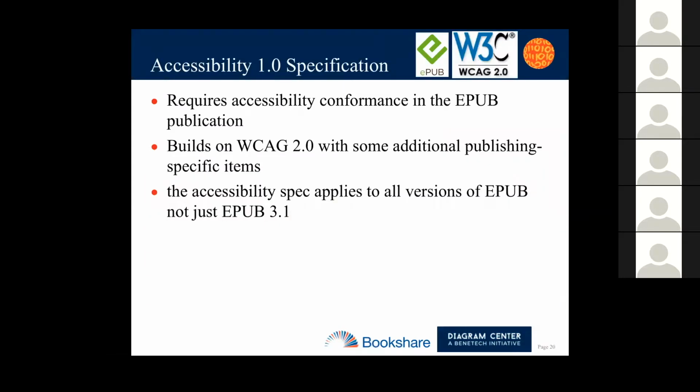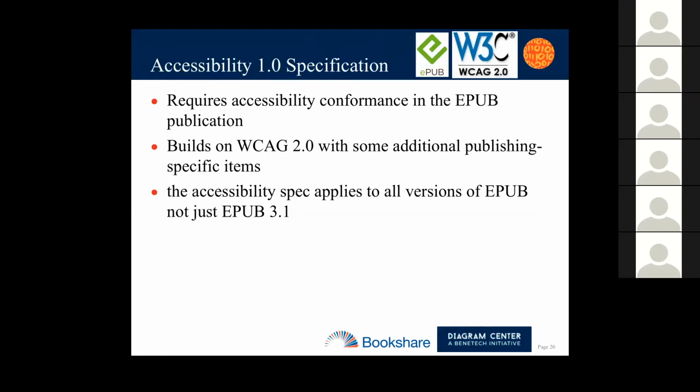Okay, now the Accessibility 1.0 specification. So this is the first ever accessibility guidelines and really sets the bar on how to make your documents accessible. The WCAG requirement is single A. And actually there's a caveat that even though it's single A, complex image descriptions don't need a longer description.